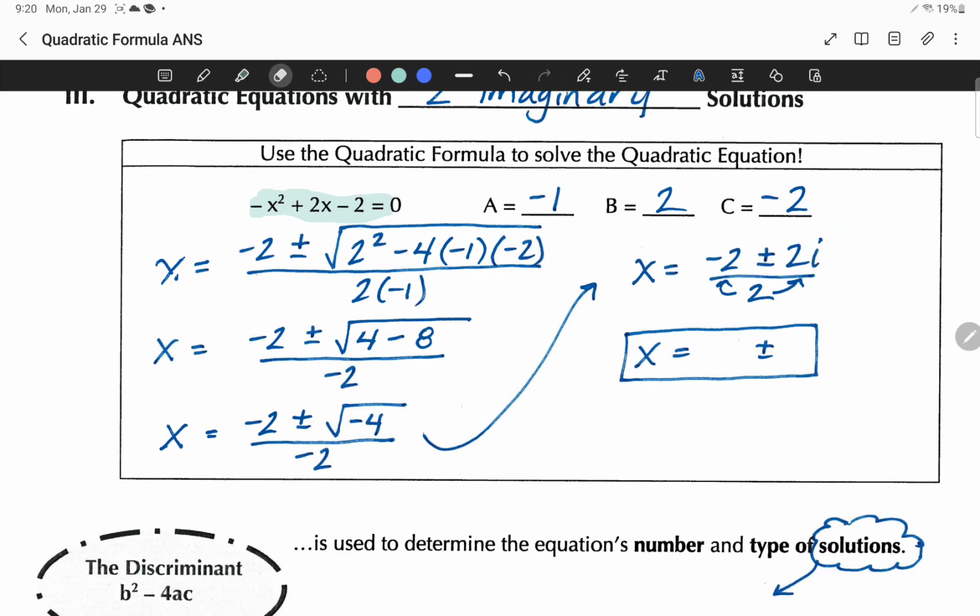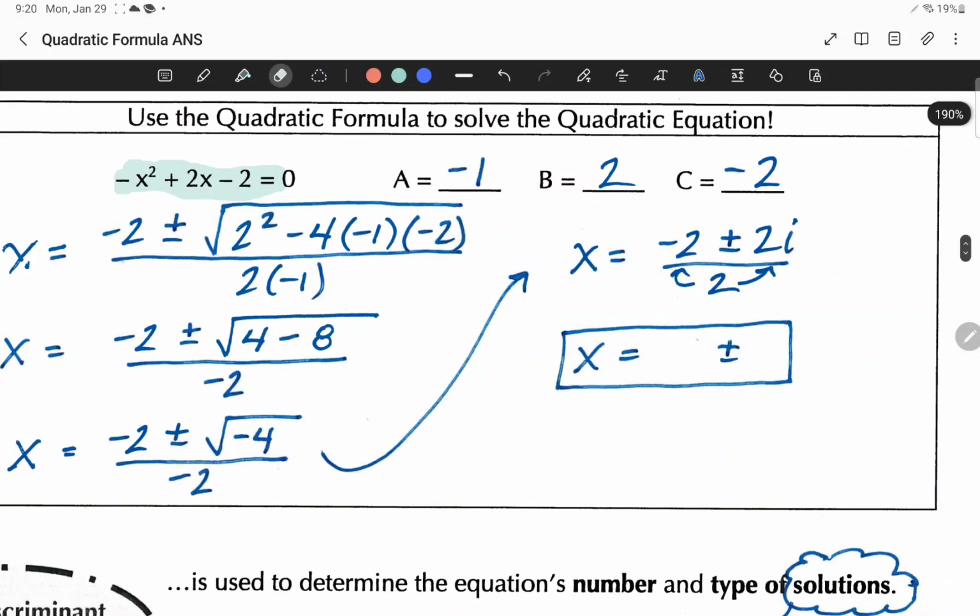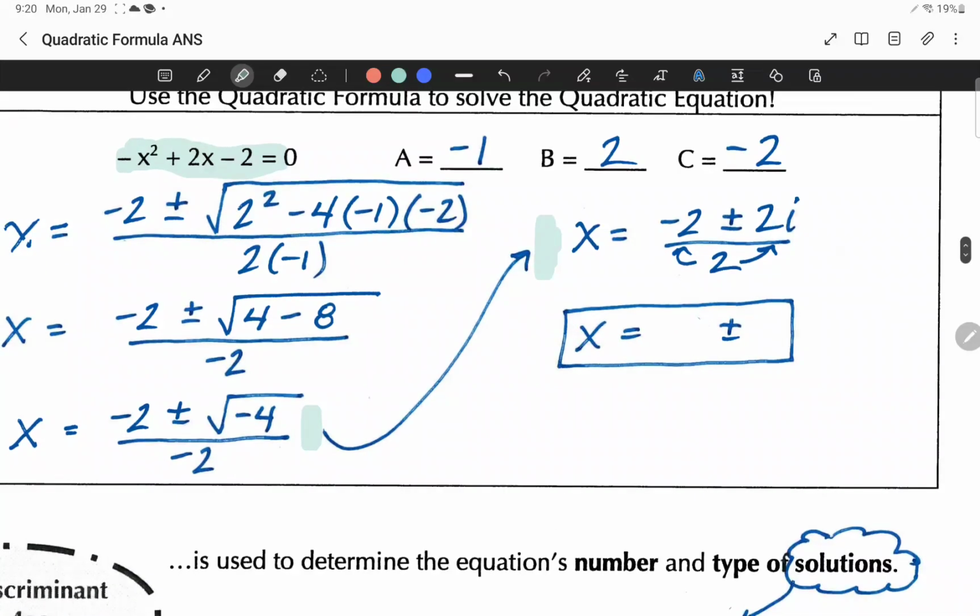All right. You might be asking yourself, how do you get the 2i? Where's the negative? And what do we have all of this stuff over here? Pretty simple. So I'm going to explain how do we get from here all the way to here. So first things first.